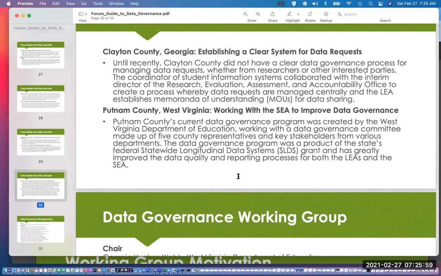Data Governance Working Group. Chair: Georgia Hughes-Webb, West Virginia Department of Education.